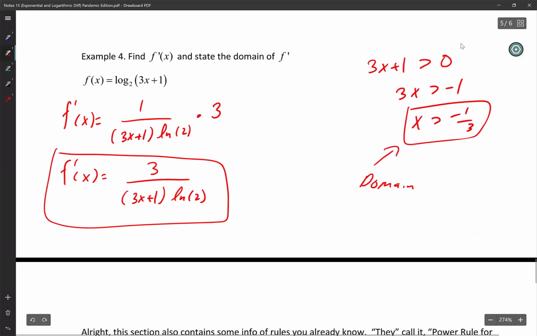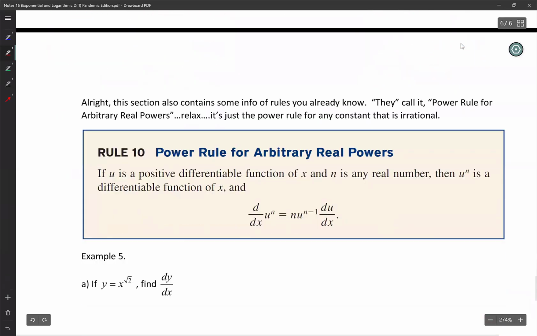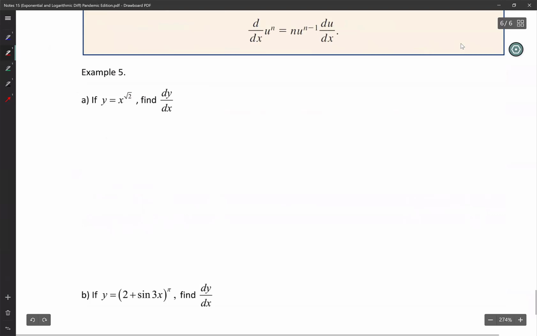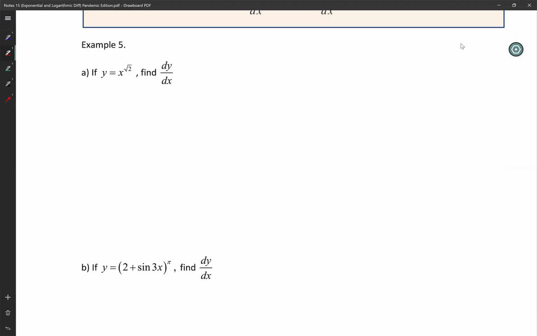All right. This you already know, but we'll do it really fast. This time your exponent is a constant.